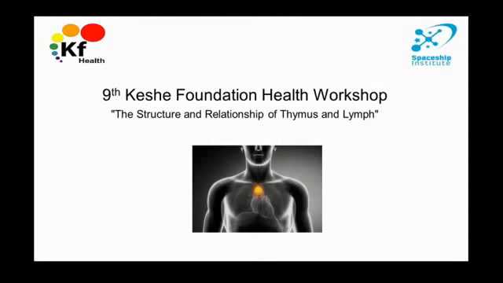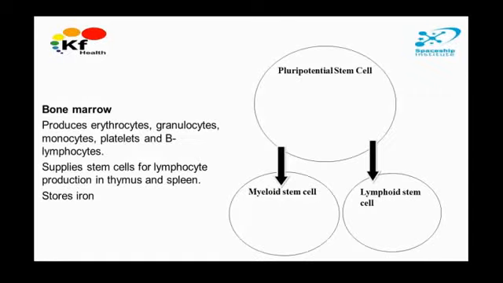When the stem cell reaches the state of maturity, it goes into the blood, and then reaches the lymph nodes or thymus or other lymph organs through the lymph. So the next slide, slide 6, actually gives you the lymph system.